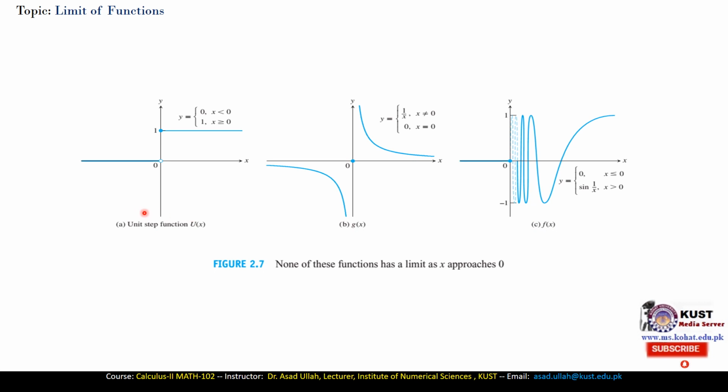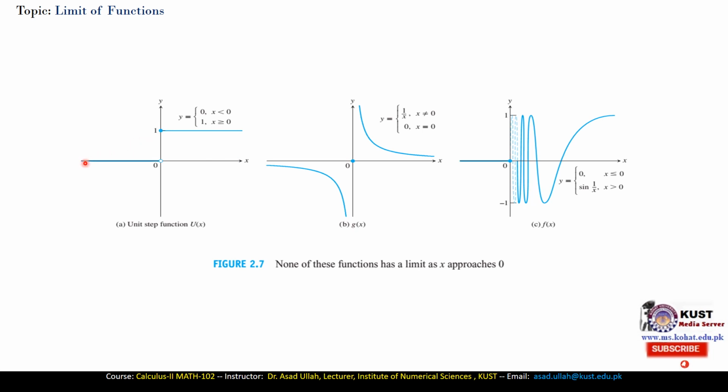Now since we are interested to find the limit at the point x is equal to 0 in all the three cases, in the first case, that is the unit step function u of x, if we go towards the point 0 from the left side, the function value also goes towards 0. And similarly, if we go towards the point 0 from the right side, the function value goes towards 1.